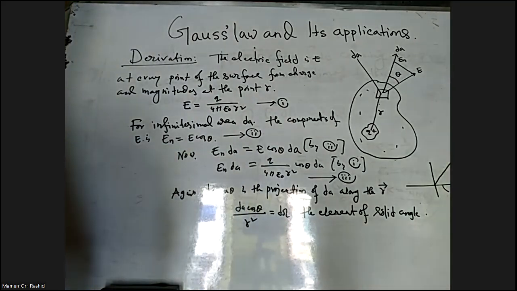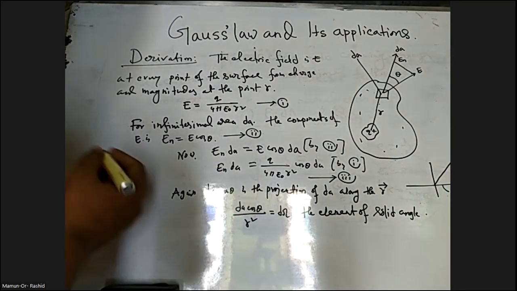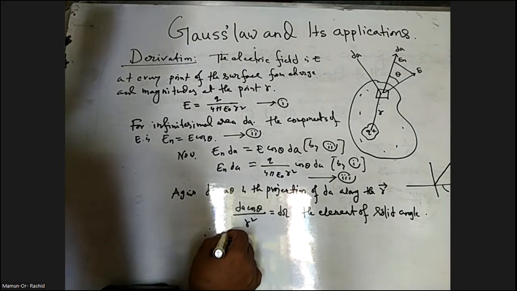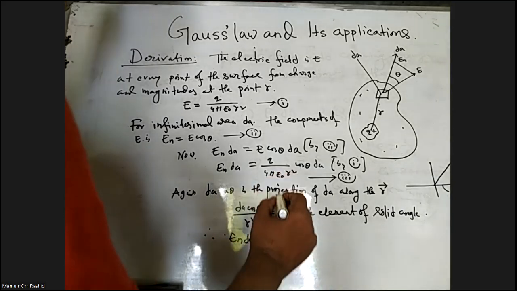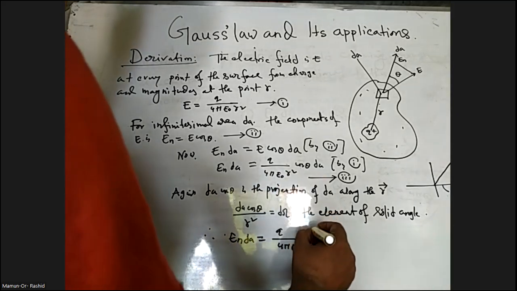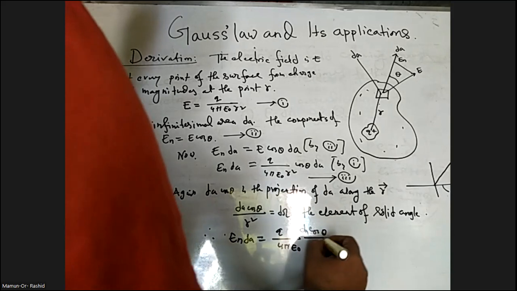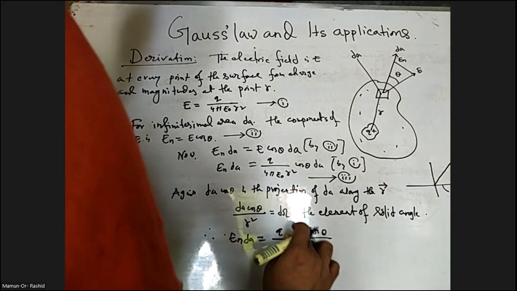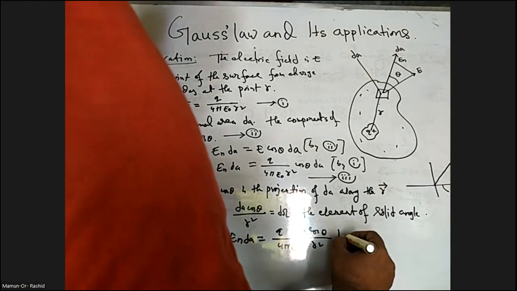You must know the total solid angle equals 4 pi steradian. Therefore, from equation 3, En dA equals Q divided by 4 pi epsilon naught times dA cos theta by r square, d omega.